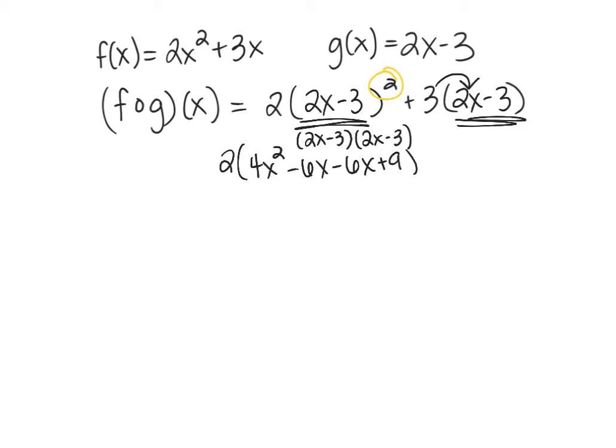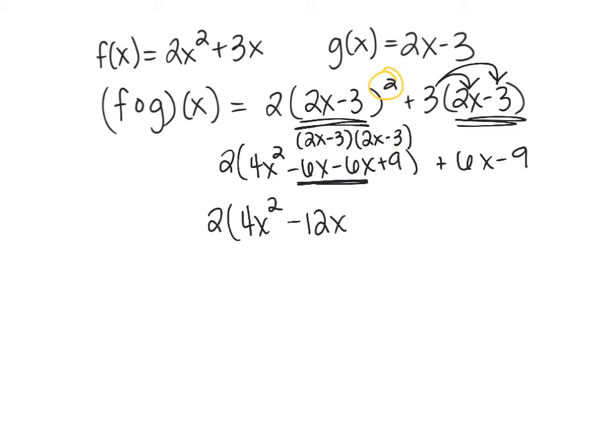And then let's distribute over here since there's no exponents. Plus 6x minus 9. Now, what we can do is we can either combine at this step or in the next step. I'm going to go ahead and simplify within my parentheses. That becomes minus 12x. And then the last step here is to distribute the 2 and then do any like terms if we need to.